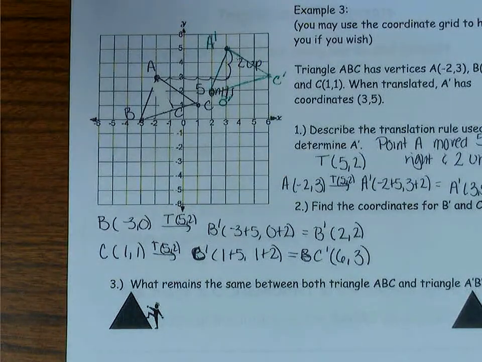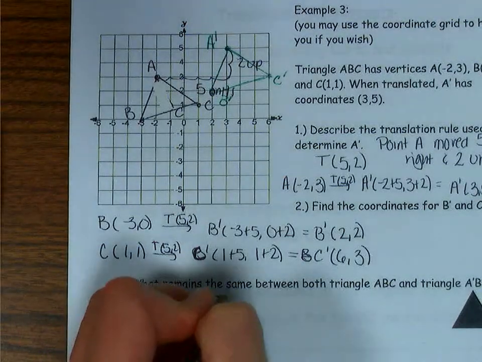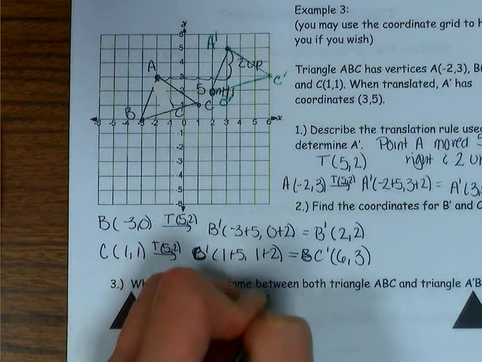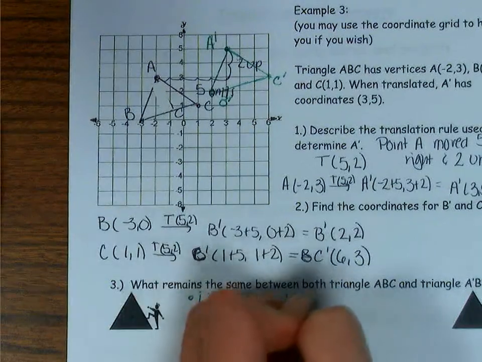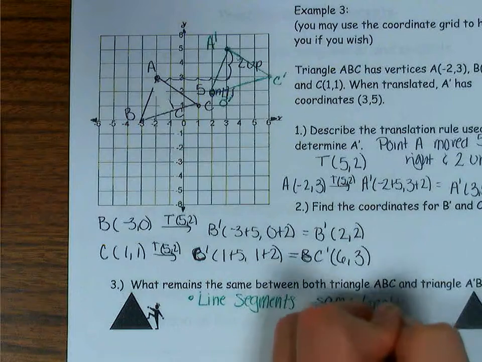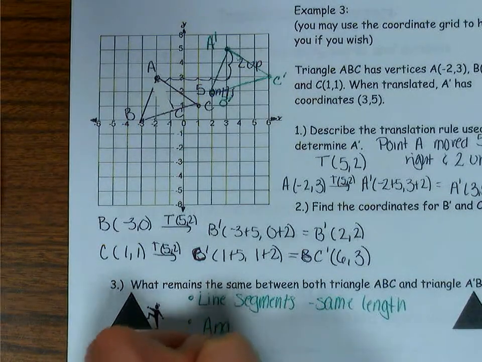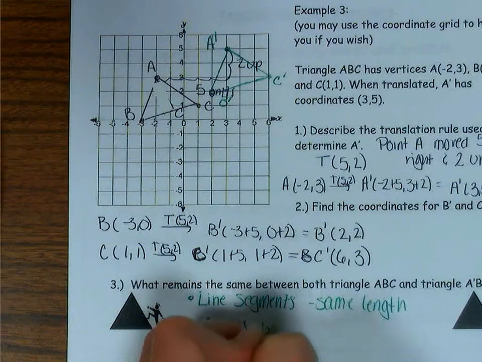So what remains the same between triangle ABC and A prime, B prime, and C prime? Well, we know that the line segments have the same length. If I were to use a protractor and measure, I would know that the angles have the same measure.